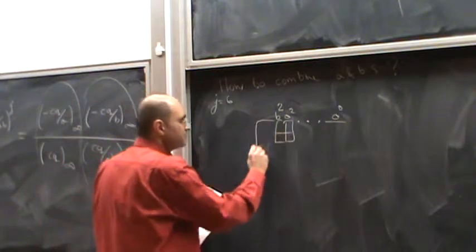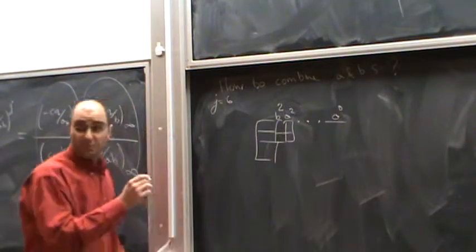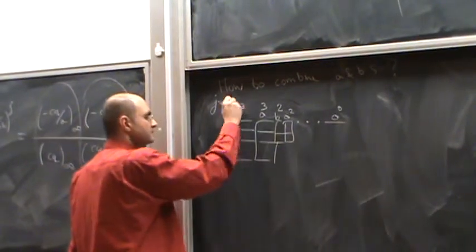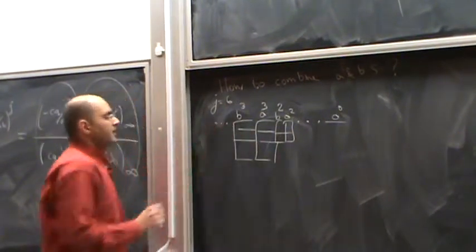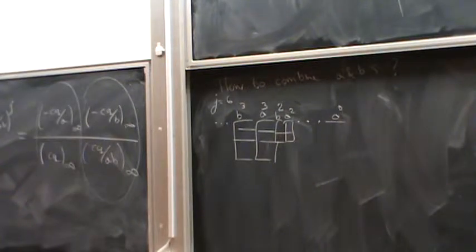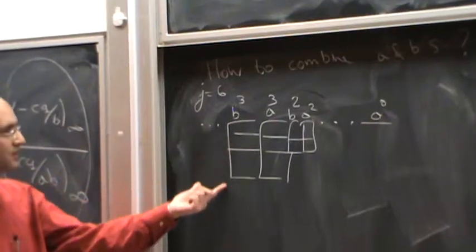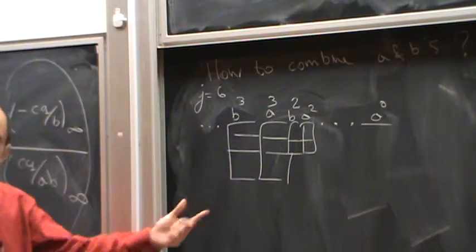And after that, suppose that we have A cubed and B cubed. And after that, we have A to 5 and B to 5. Again, we leave one space because this would be reserved for A to 4 or B to 4.